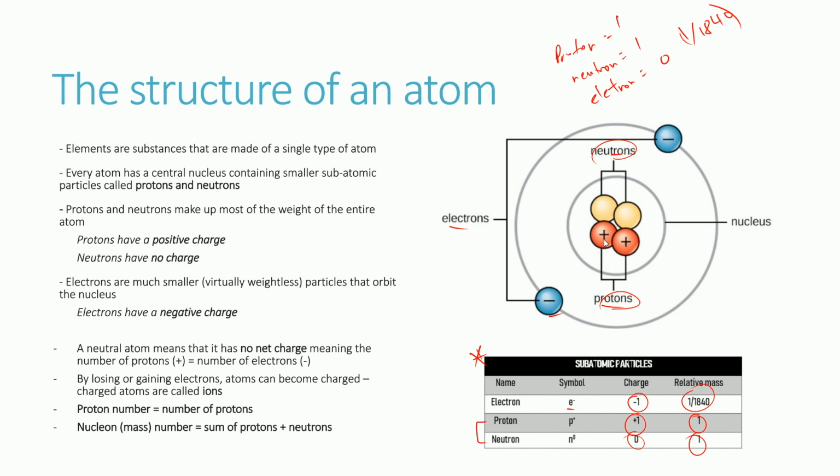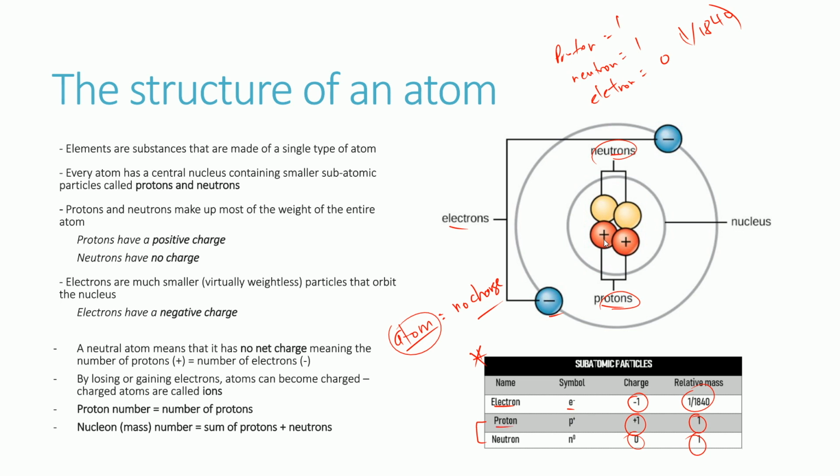But in terms of the charge, an atom by definition has no charge. It's neutral. So what do you think that means in terms of the electron number and the proton number of an atom? Given that an atom doesn't have any surcharge, in an atom the number of electrons should always equal the number of protons.